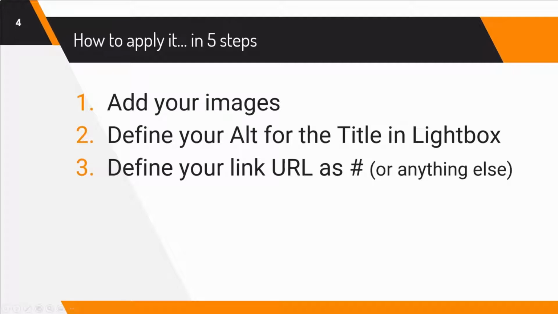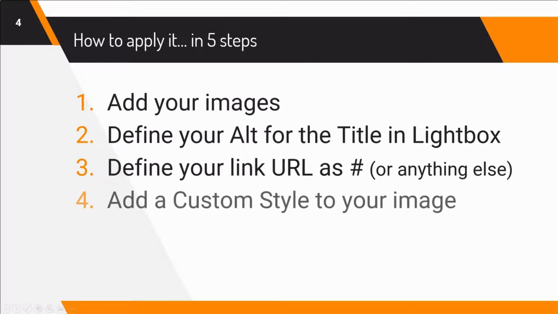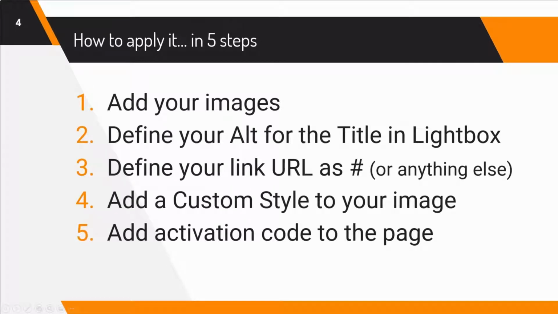You can use a dash, hashtag, or anything else actually, because this will be overwritten by the code. You add a custom style to your image, so we will add a GLightBox class, you'll see a bit later. And we add the activation code that I will also show you later.